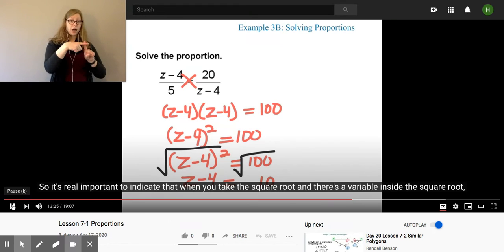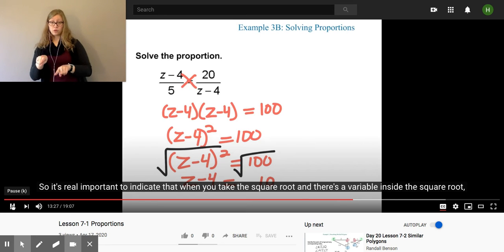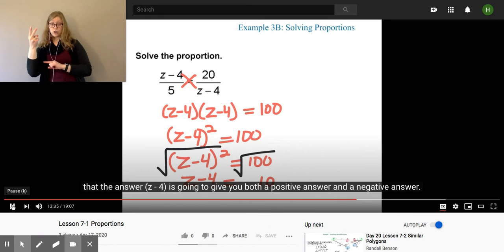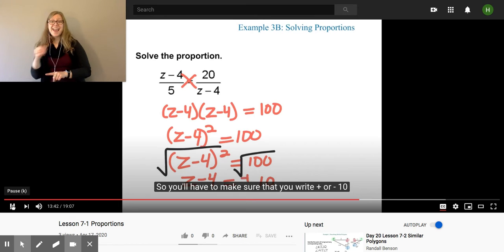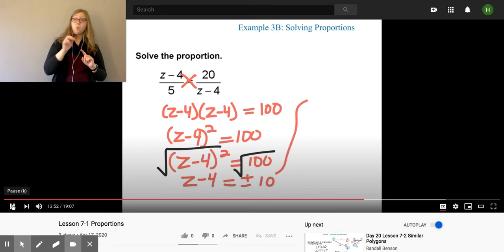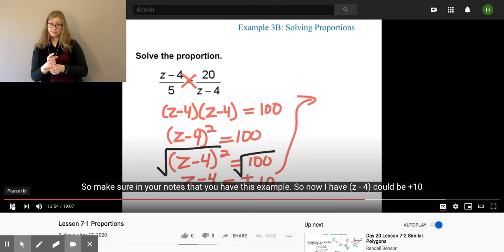So it's really important to indicate that when you take the square root and there's a variable inside the square root, like here where we have z minus 4 squared, the answer for z minus 4 is going to give you both a positive answer and a negative answer. So you'll have to make sure that you write plus or minus 10. So there would be two answers to the square root of 100. There could be positive 10 or negative 10. So make sure in your notes that you have this example.